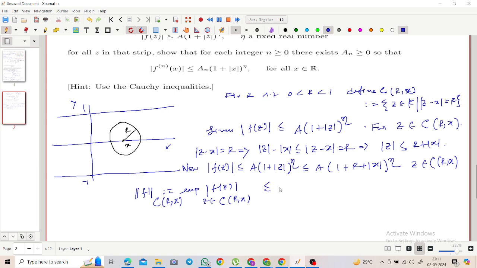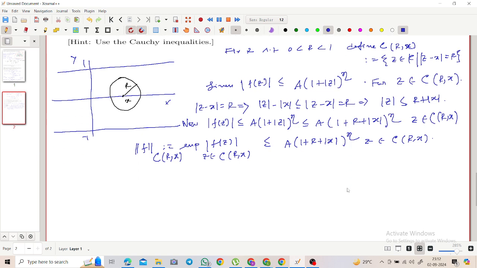This is of course less than or equal to A times 1 plus r plus mod x, whole to the power eta. The condition z belongs to C_r(x) is not needed because it is already mentioned here.